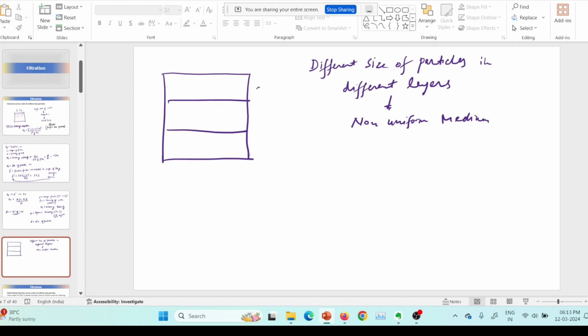Suppose d1, d2, d3 are the particle sizes; this is not the depth, this is the particle size.